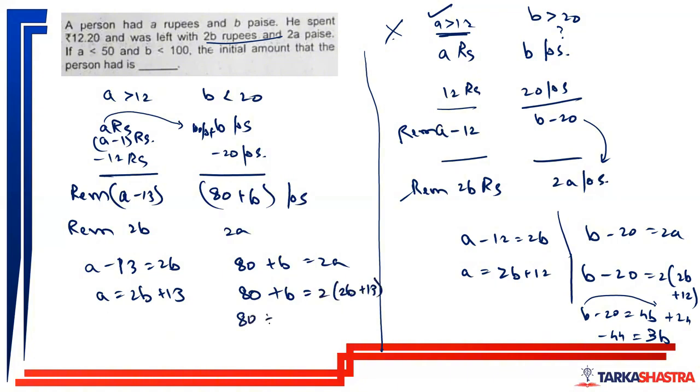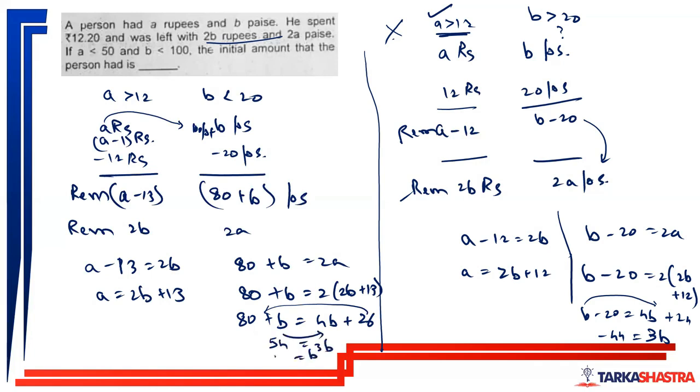So 80 plus B is equal to 4B plus 26. 26 इधर रखा तो क्या बचेगा, 54 बचेगा और B इधर आया तो 3B बचेगा.